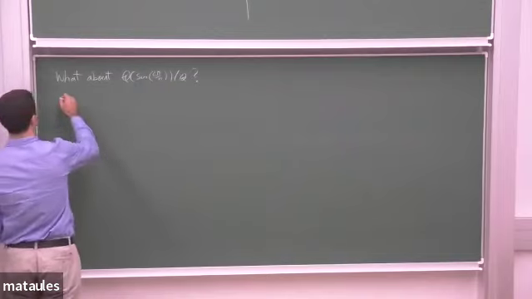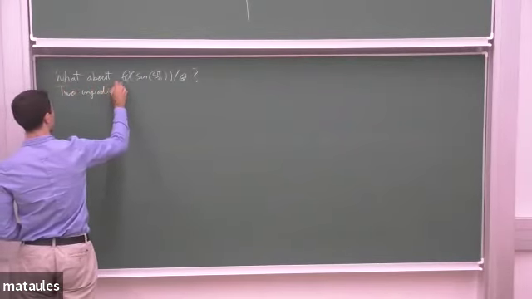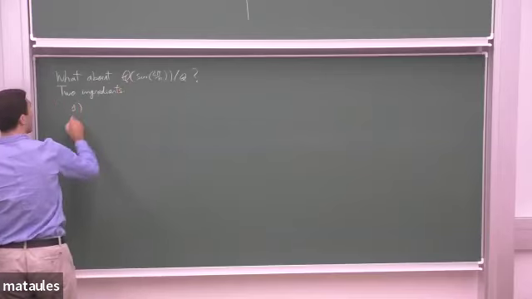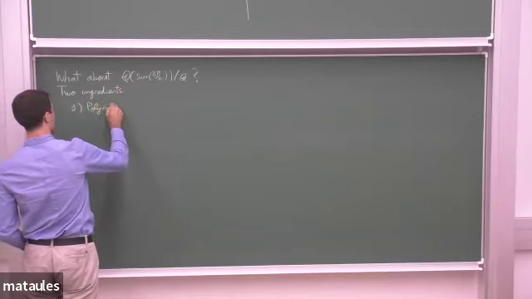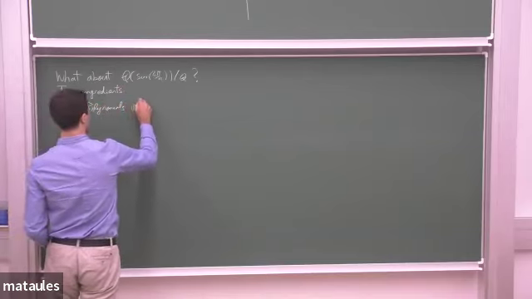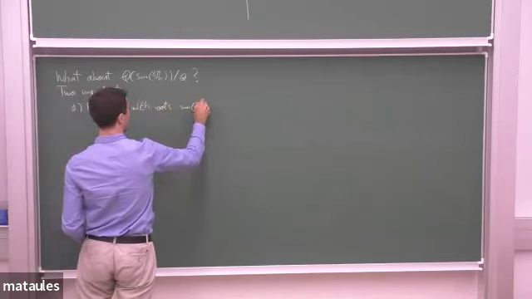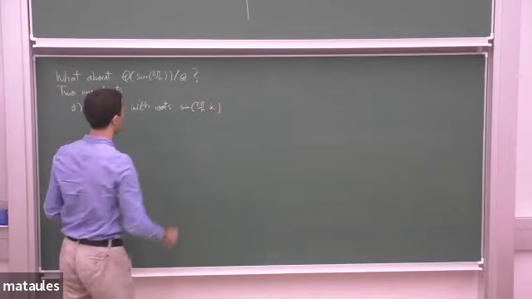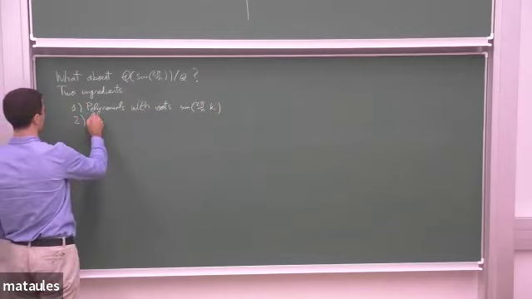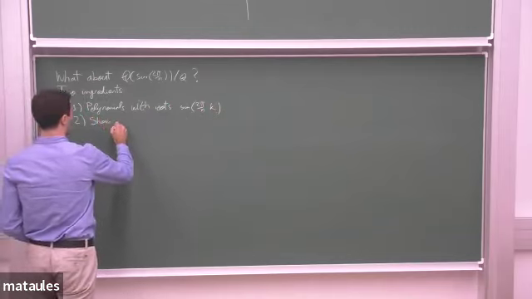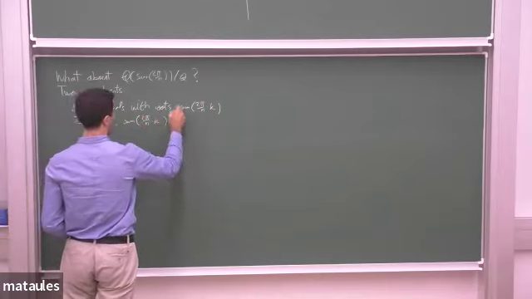Well, we need two ingredients, if we want to repeat this proof. First, we need some polynomials with roots sine of 2 pi k over n, right? So we need some polynomials that contain all of these elements as roots, and then we need to show that these roots can be expressed as polynomials in this one here, right?